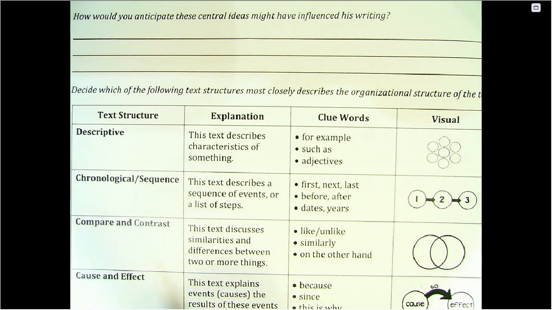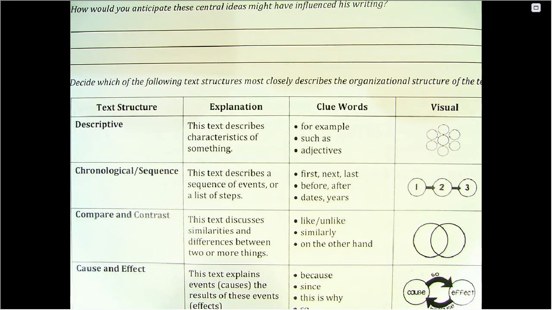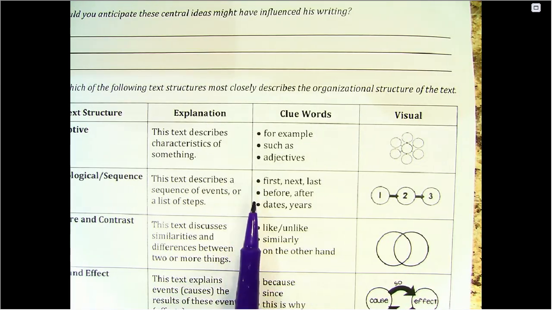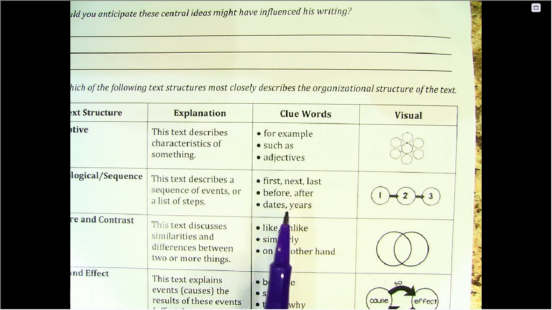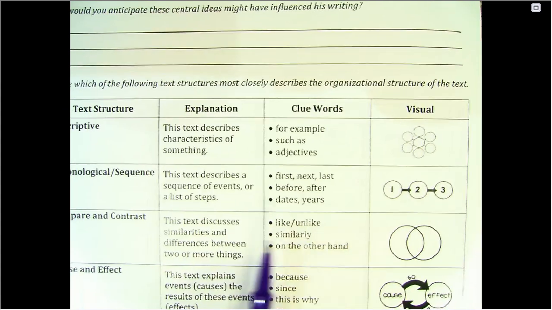It goes through maybe the order of major events of his life. You're reading a chronological or sequence text if you see words like first, next, last, before, or after, or dates or years that are connected to important things that are written about. And so they go in a chronological order.